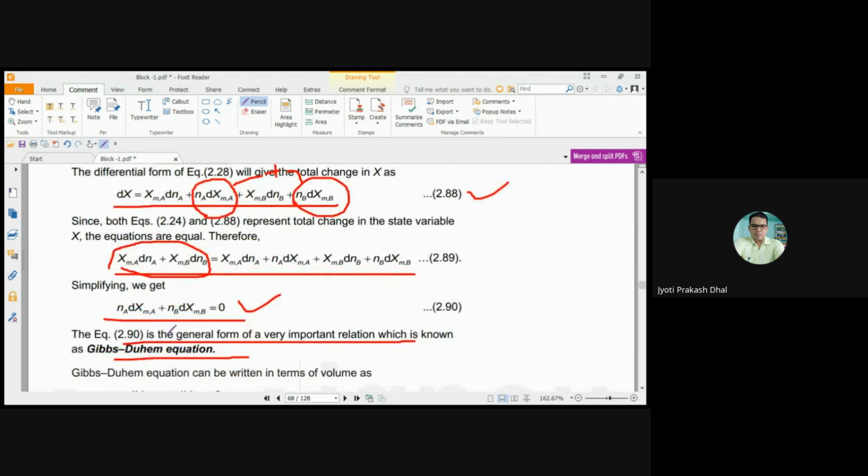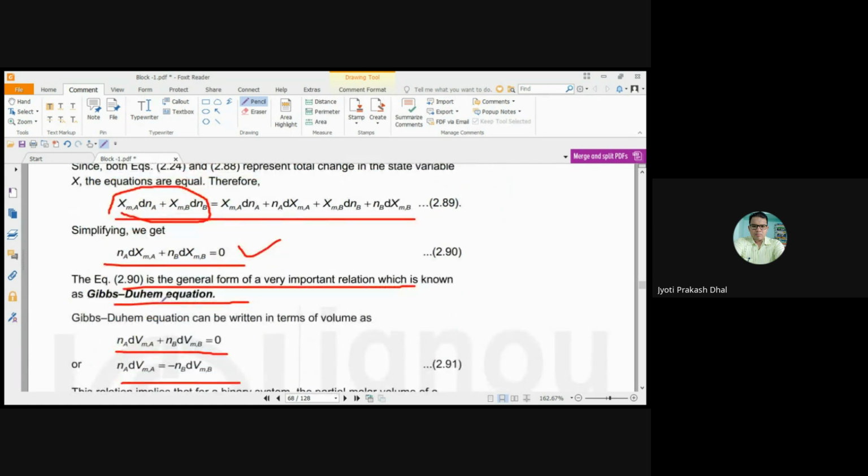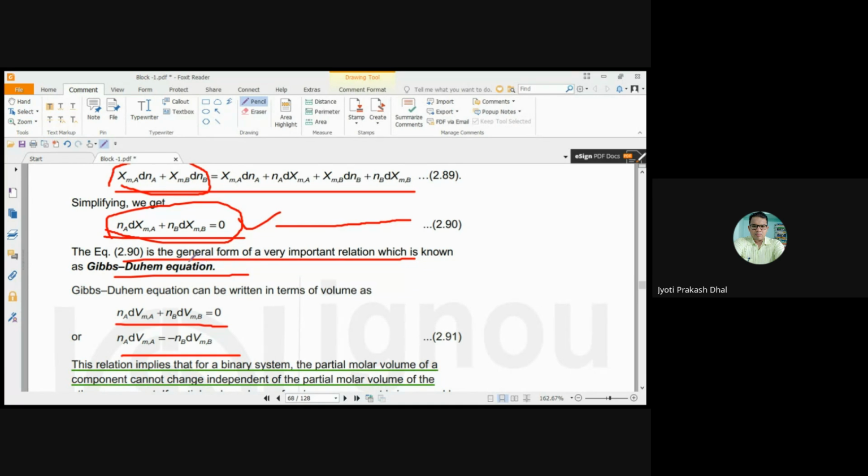And hence, simplifying, we can find nA dX_MA plus nB dX_MB equals 0. This is equation 2.90, and this equation 2.90 is the integral form of a very important relation known as the Gibbs-Duhem equation. So this is a very important question for your term examination.